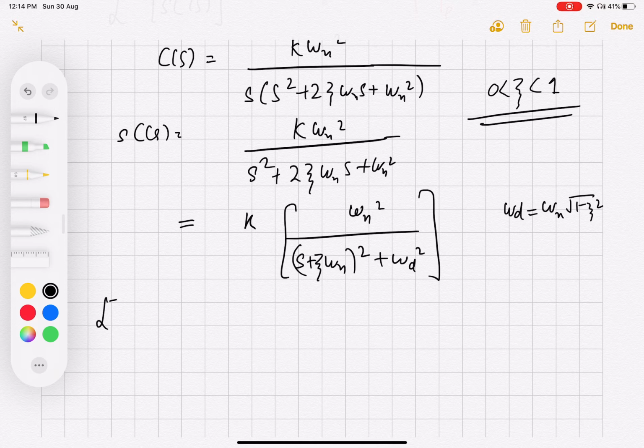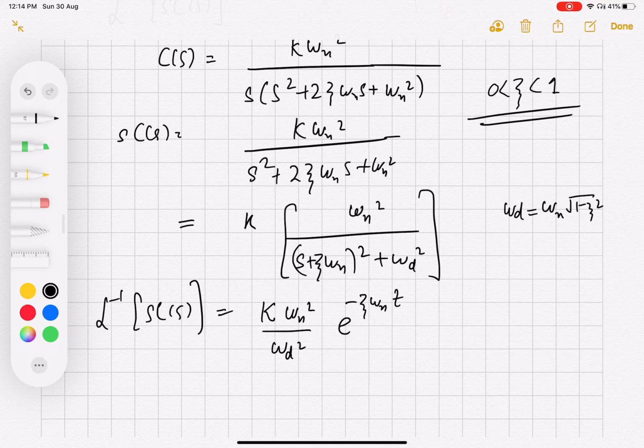So if we take the Laplace inverse of sC(s), from this expression here, this is going to be k omega n square divided by omega d, and then inside you will be writing e to the power minus zeta omega n t and sine omega d t.